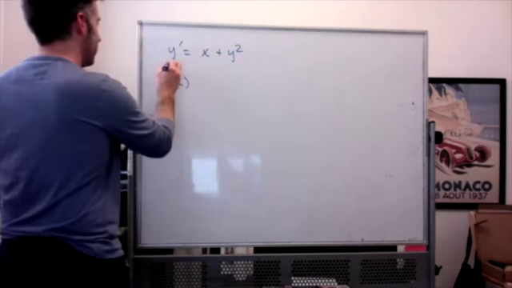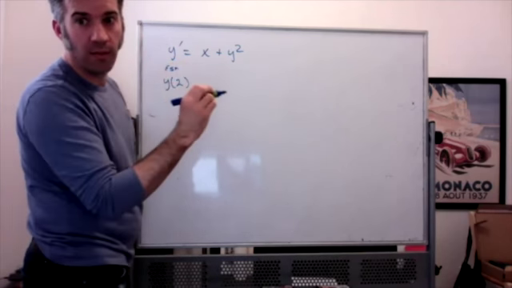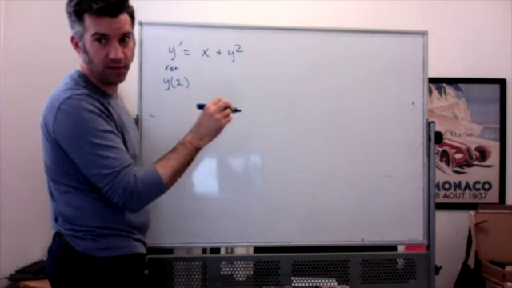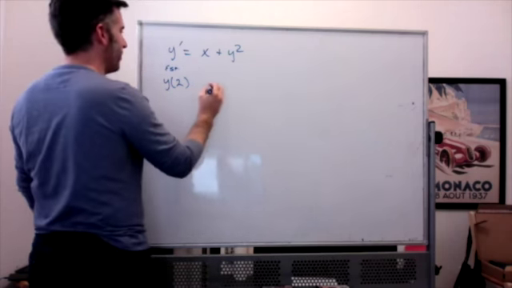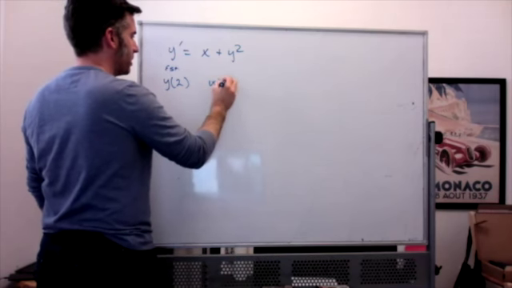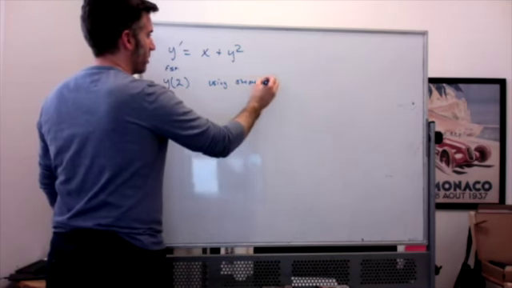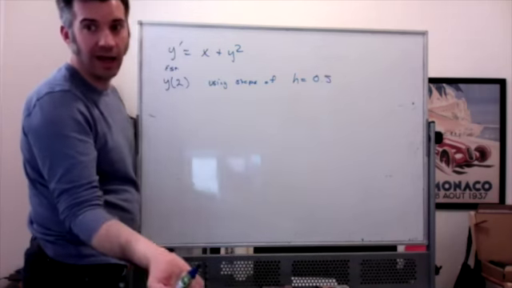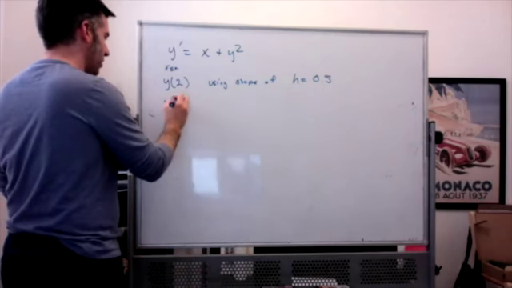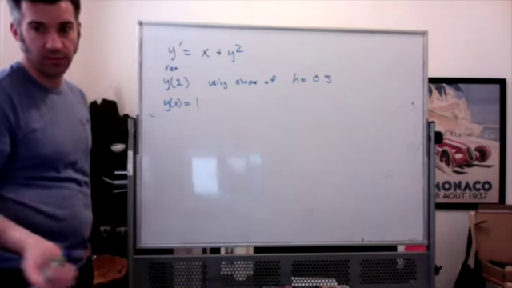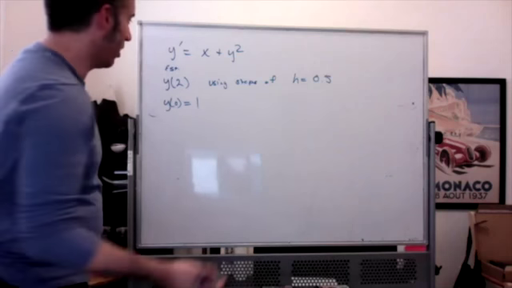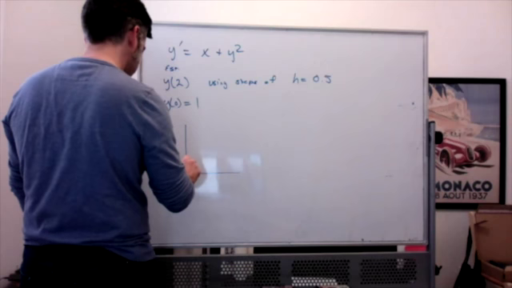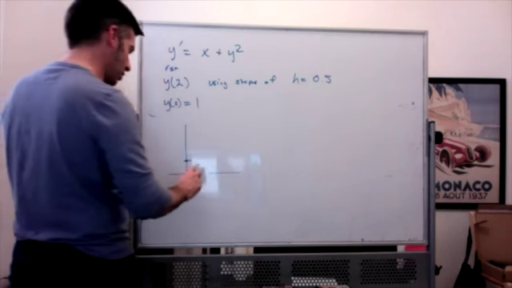So estimate y of 2 using steps of h equal to 0.5, with initial condition y of 0 equals 1. All right, so here's what we know. We know y of 0 equals 1. And we're going to try and get to y of 2.